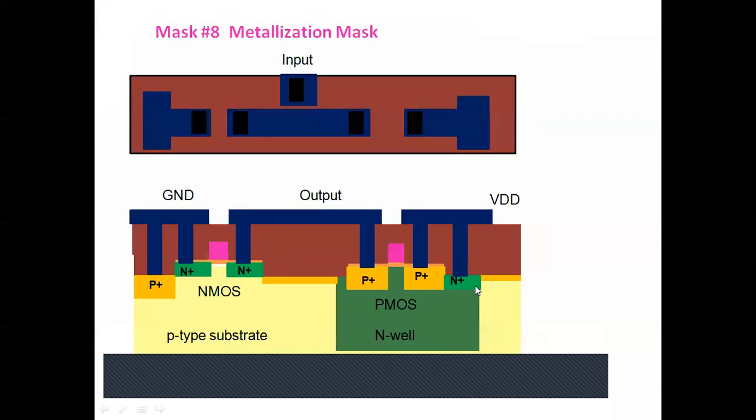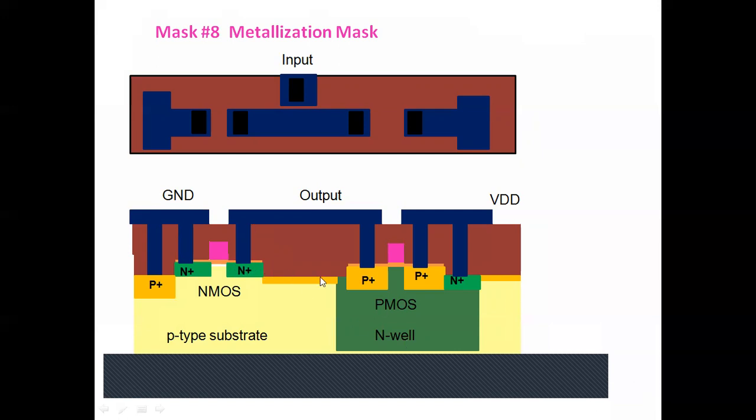After etching, when you remove the unwanted metal, your CMOS is ready. So this is N plus drain, N plus source, and P plus substrate. This substrate and this substrate are connected together and connected to ground. This is the NMOS transistor.